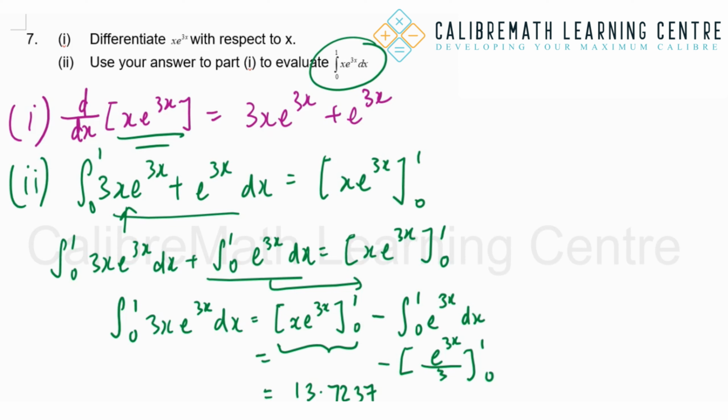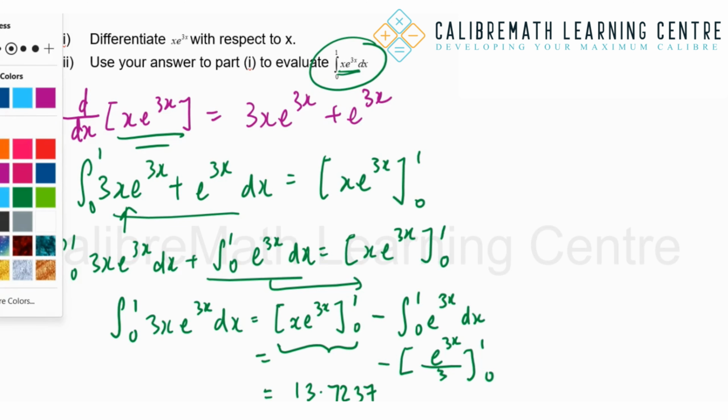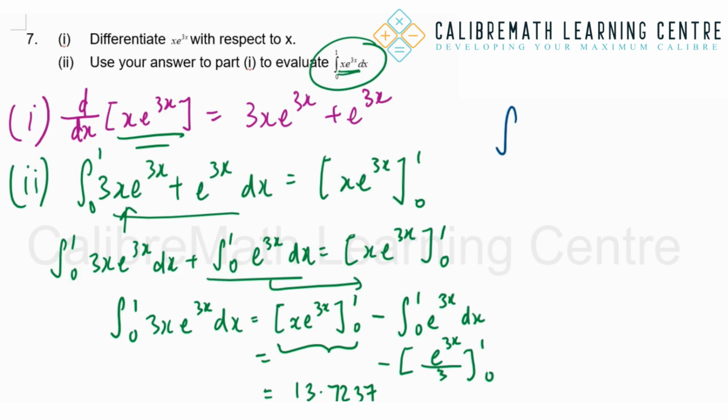Okay, so same thing like what we did just now for question number 4. We are going to go back to what the question wants. The question wants just x e to the power of 3x. So because we know that now, what we have is that 3x e to the power of 3x dx is equivalent to 13.7237.